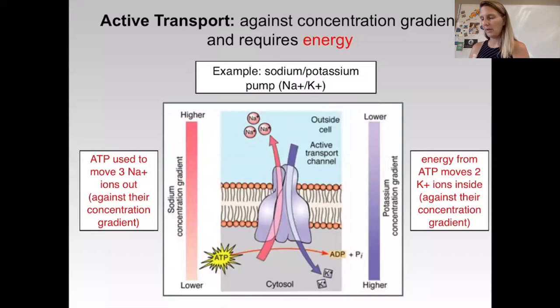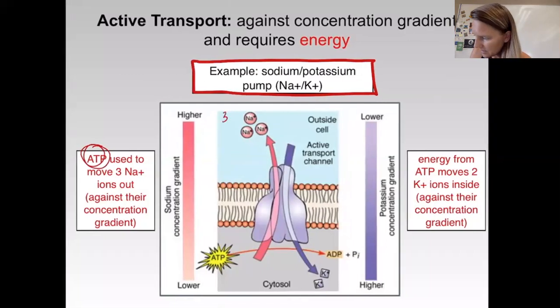An example of this that we're going to come back to several times is called the sodium-potassium pump, right? So the sodium-potassium pump is a really cool active transport because it does 2 things, right? The first is that it uses ATP to move 3 sodium ions out, all right, against their concentration gradient.